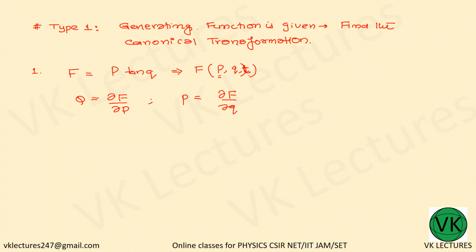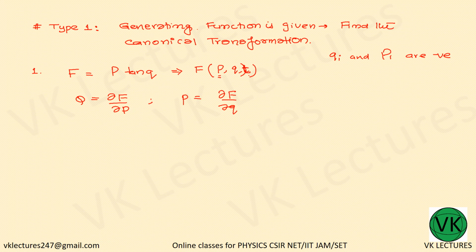So we know that small qi and capital Pi are negative, so here there is no small q and capital P, there is only capital Q and small p. So this is dou F by dou P and dou F by dou q.